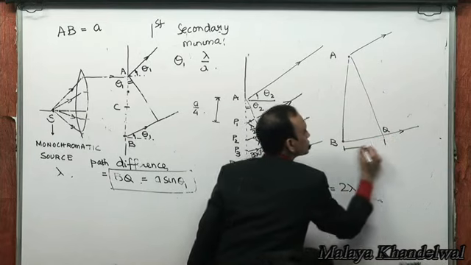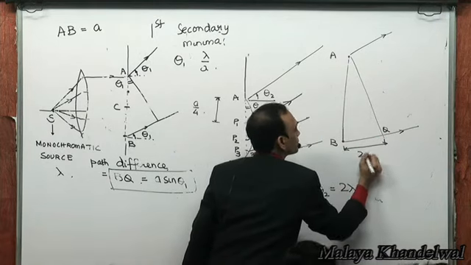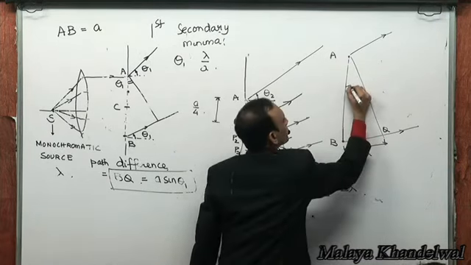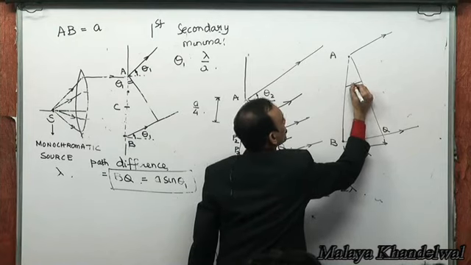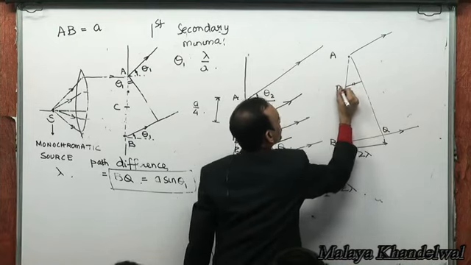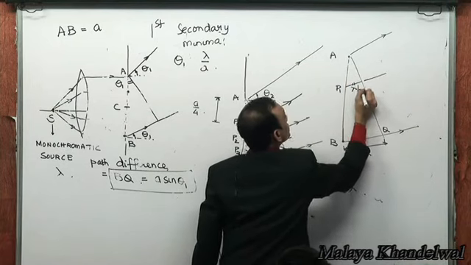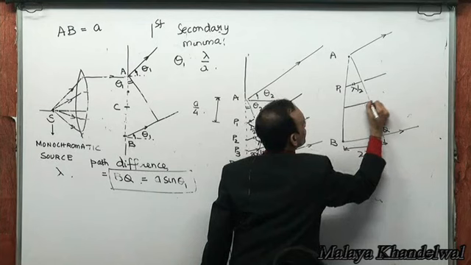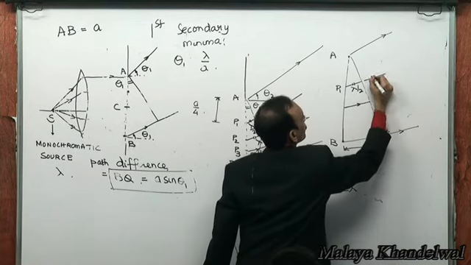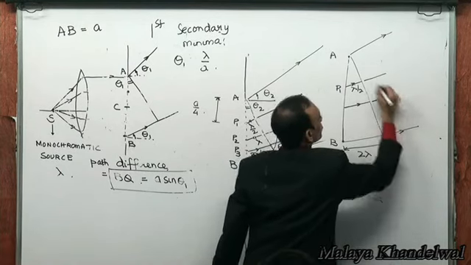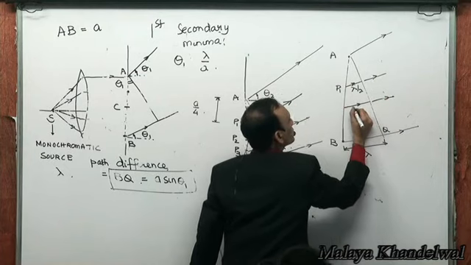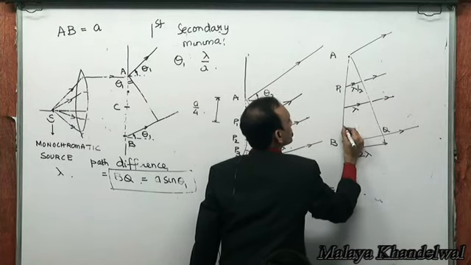This is 2 lambda. From P1, this length is lambda by 2. This is lambda.